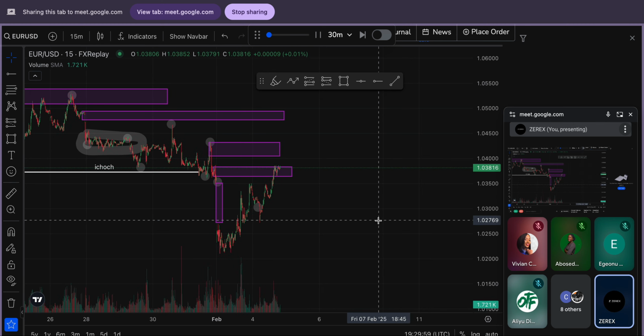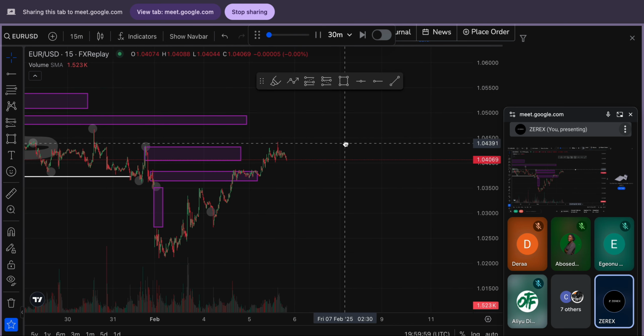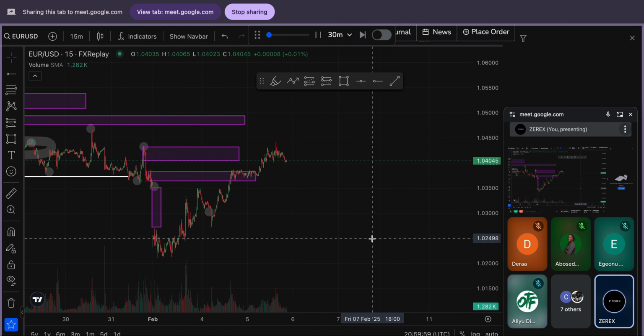It's like the buyers have taken over the market. Expect this zone to push up. This is taking so much time.